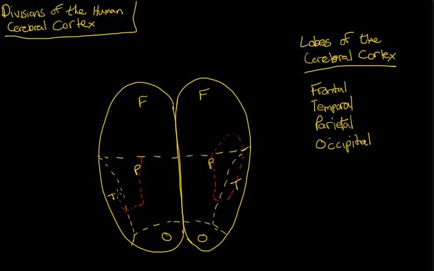The main thing to know is that it's deep. You're going to find it between or underneath these lobes. The insula, there's no H on that. So the lobes are: frontal lobe, temporal lobe, parietal lobe, occipital lobe, and the insula, or the insular cortex.